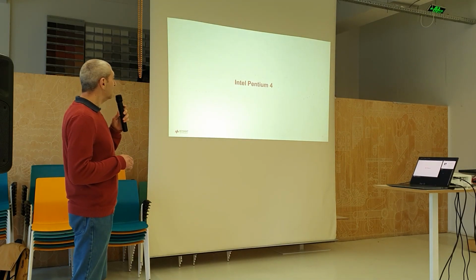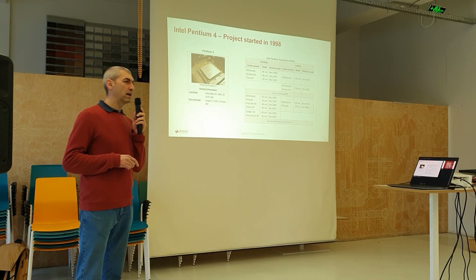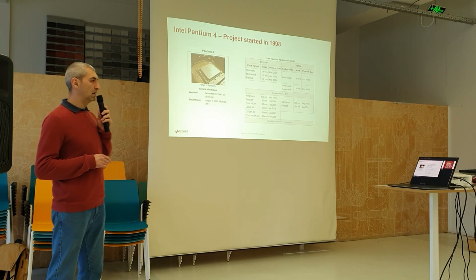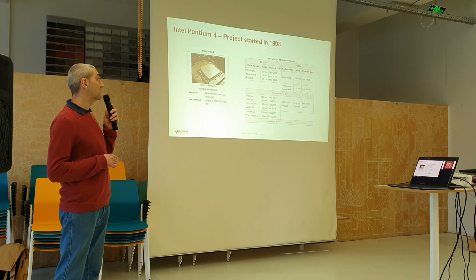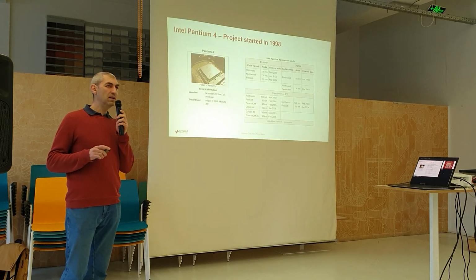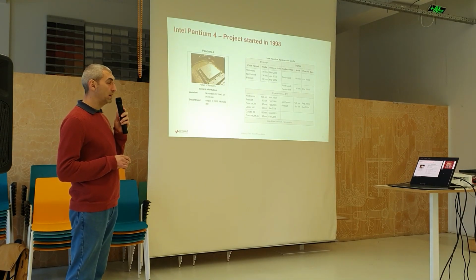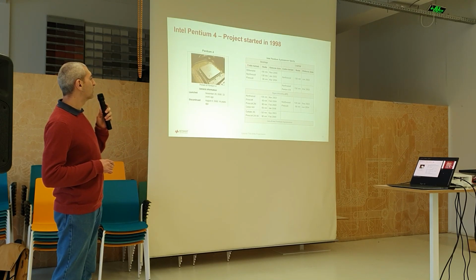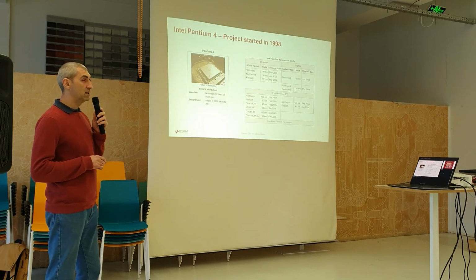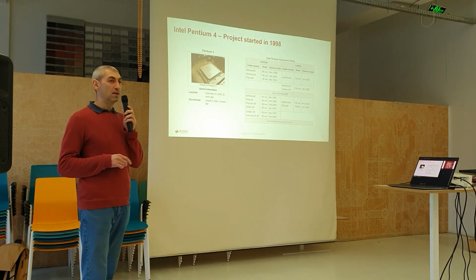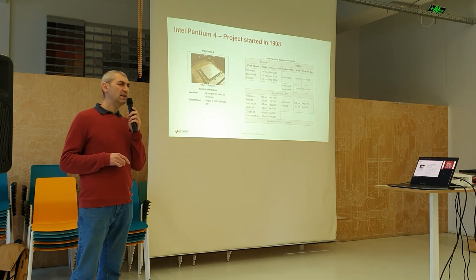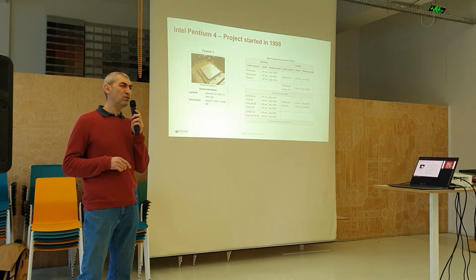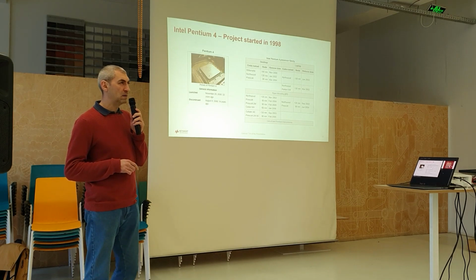Now, if we go back in the days when Intel first released the Intel Pentium 4, the Pentium 4 was actually started in 1998 and should have been called Intel Pentium 3. But because Intel started a new architecture, called the NetBurst architecture, the engineers could not make the processor in time, and Intel, pressured by AMD probably, launched Intel Pentium 3, which was similar to Intel Pentium 2.